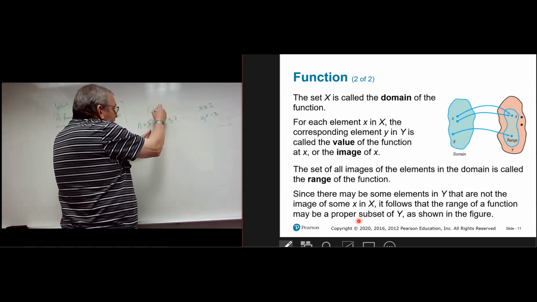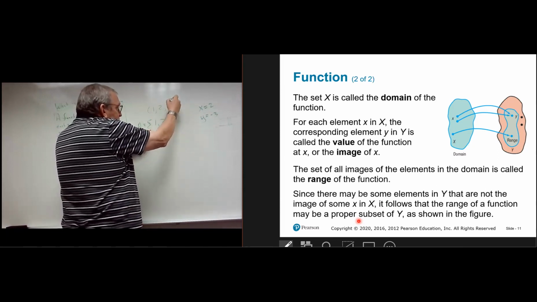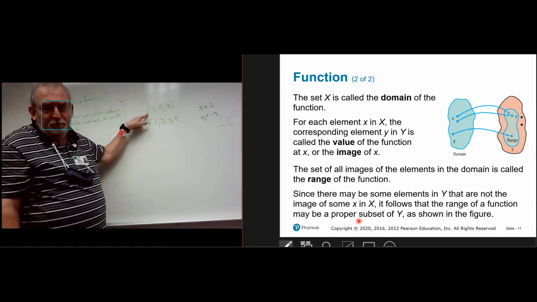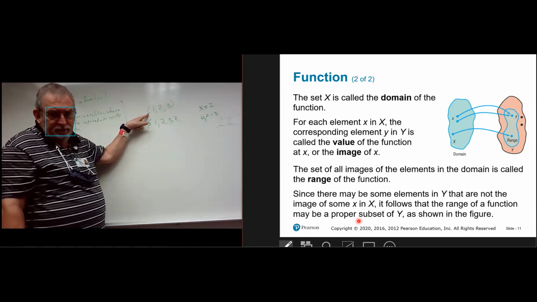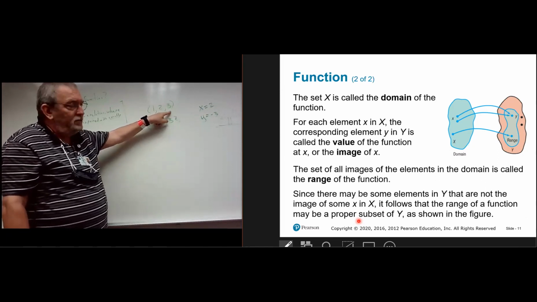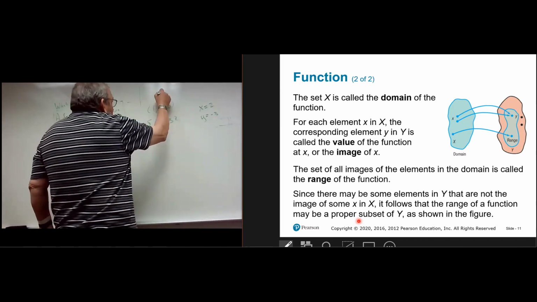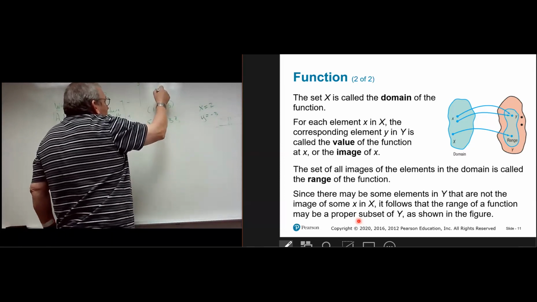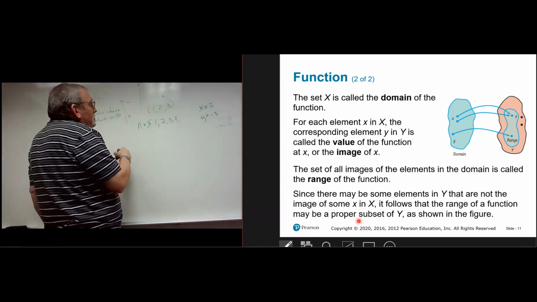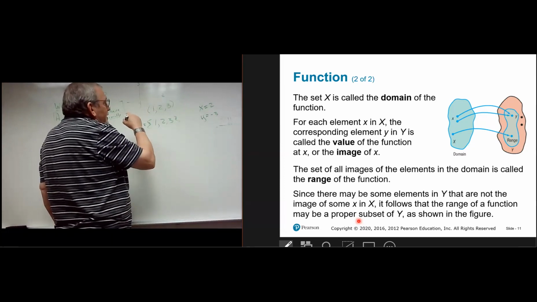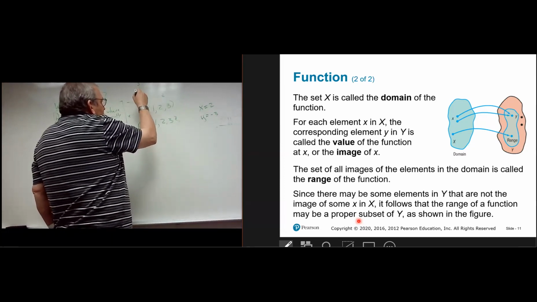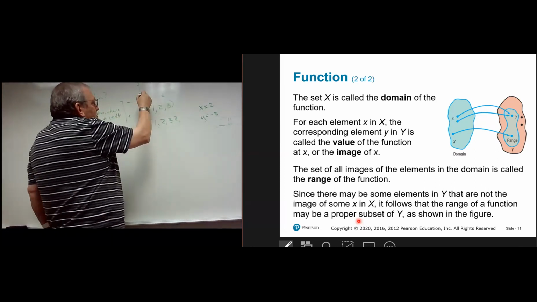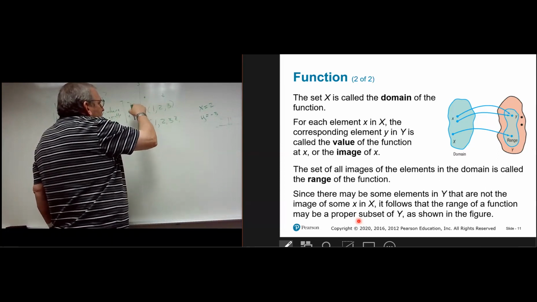If I had this listed inside parentheses, then that's a three-dimensional point in space: X, Y, Z. So this is X and this is Y and this is Z. I go 1 unit this way, 2 units this way, and 3 units this way. So that's this point in space.